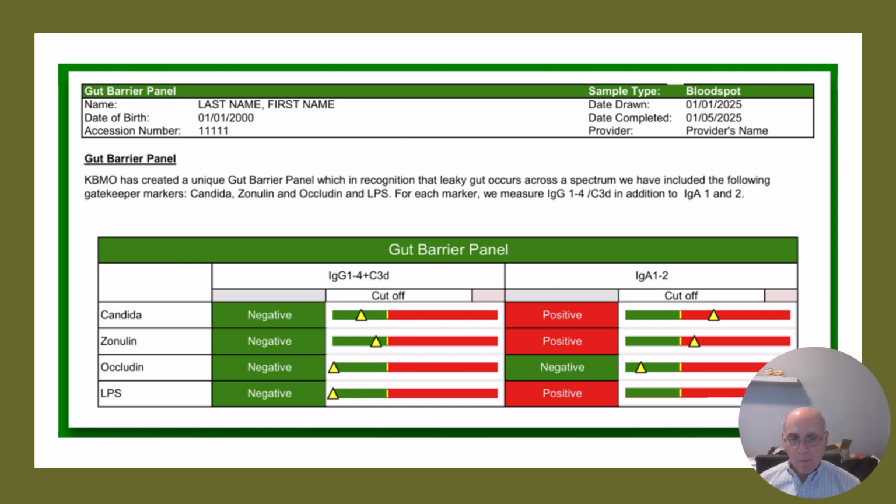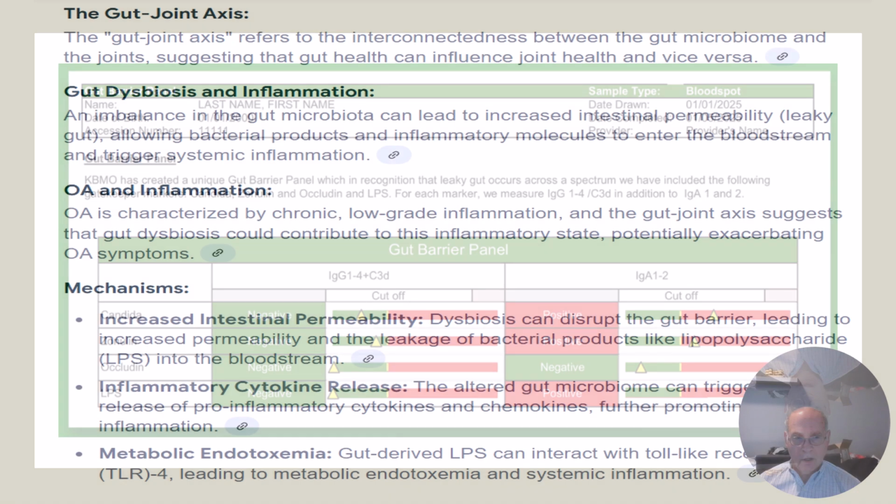Zonulin as well, occludin, not so much. And LPSs, lipopolysaccharides, which are derived from gram-negative bacteria, they're very pathogenic. And the higher the LPS count, that breaks down further the gut barrier and can cause inflammation.